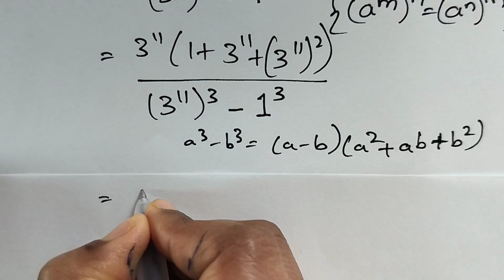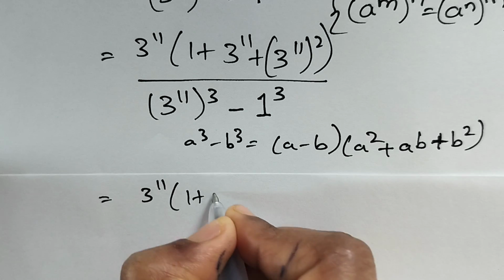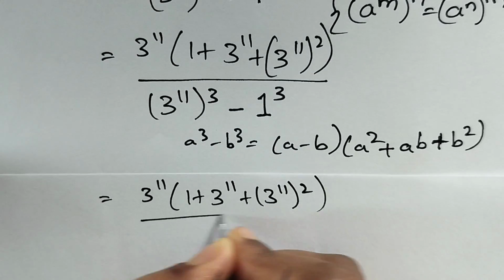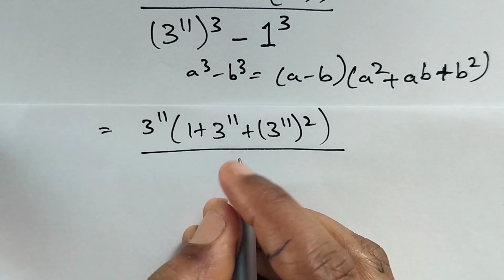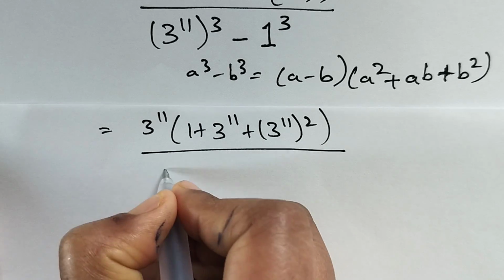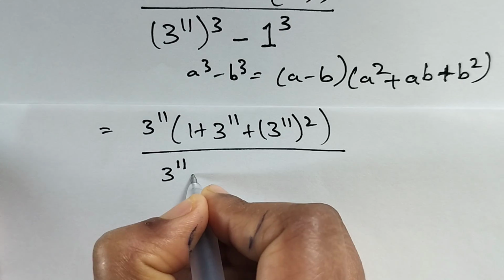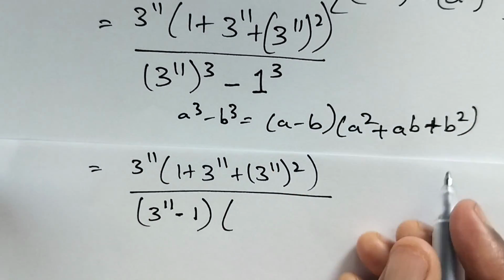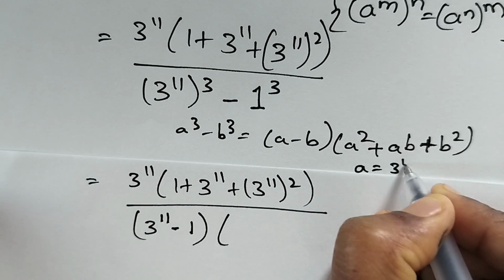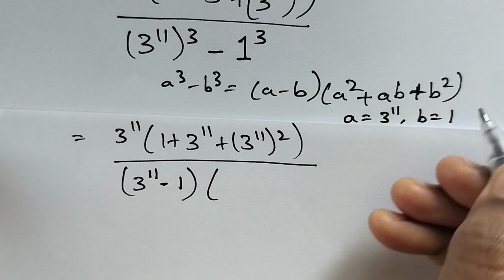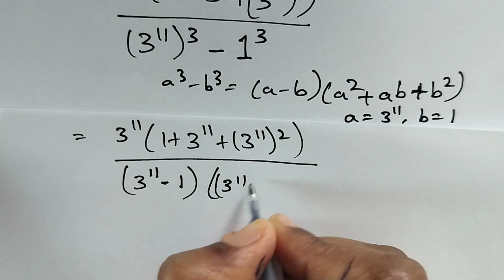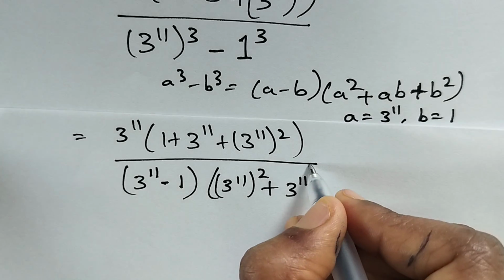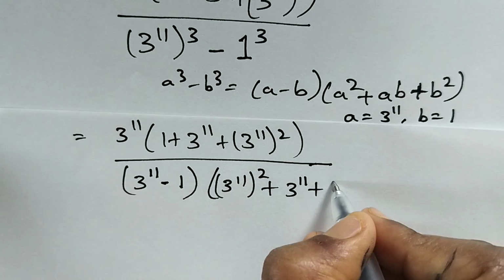Here we can write 3^11 times (1 plus 3^11 plus (3^11)^2) divided by (3^11 minus 1) times a square, where a is equal to 3^11 and b is equal to 1. So (3^11)^2 plus ab, 3^11 times 1, plus b square, b value is 1 square.